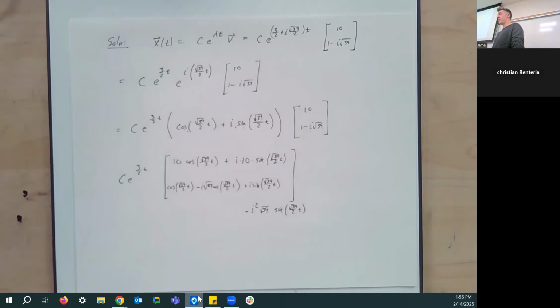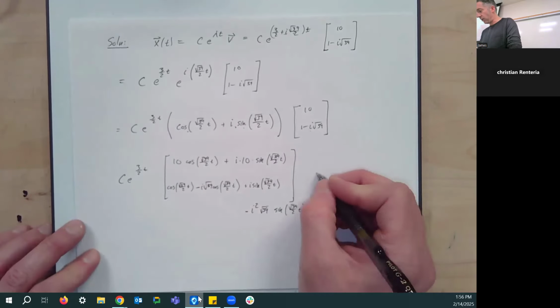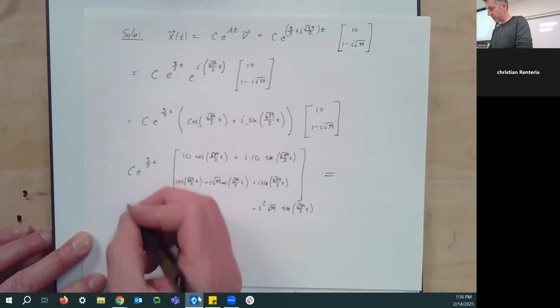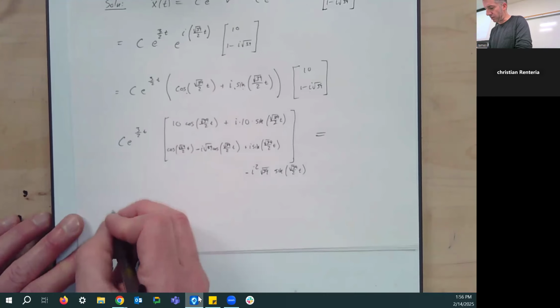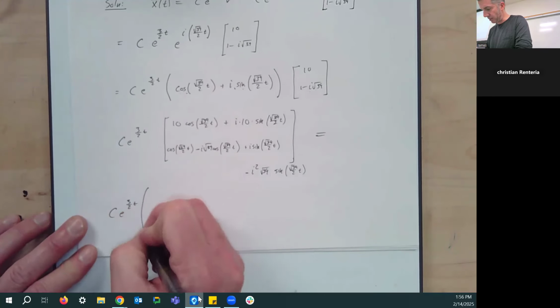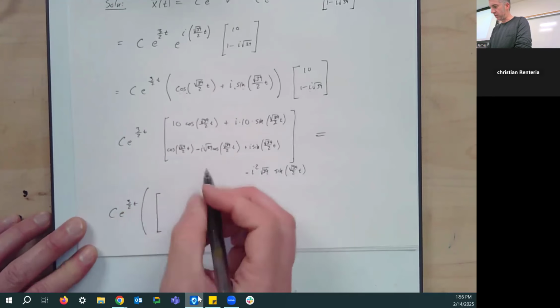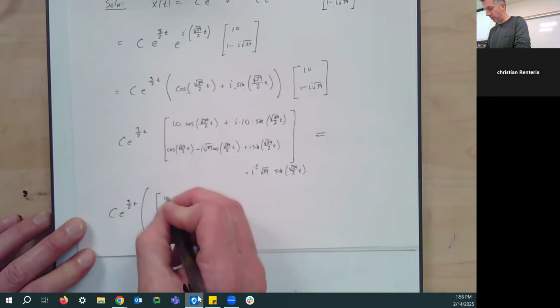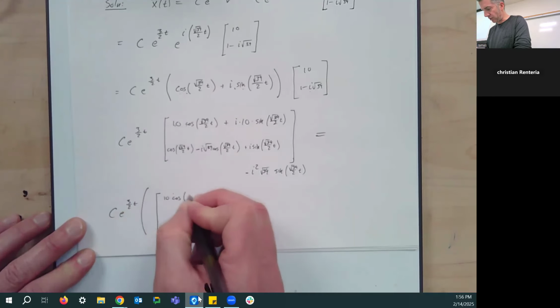And then your next job is to break this up into two vectors, one with just the real pieces and one with just the imaginary pieces. So we're going to rewrite this as, this is where it gets gross, c e to the 3 halves t times, the first vector is going to be the 10 cosine of root 39 over 2t. How many times do we say that today?